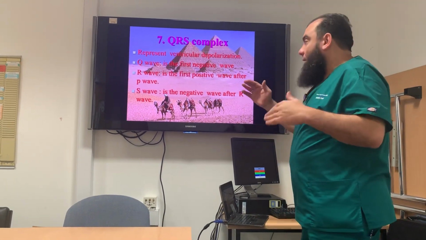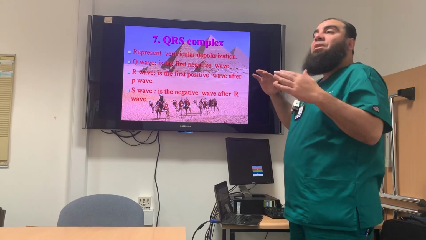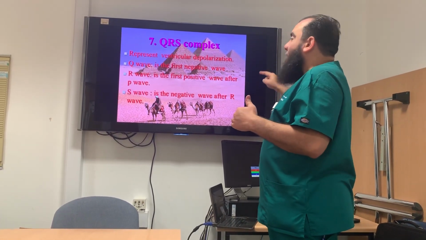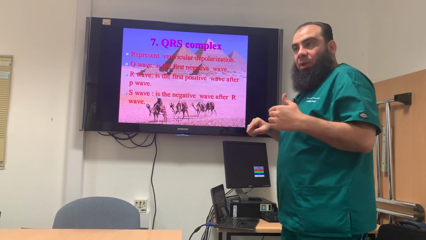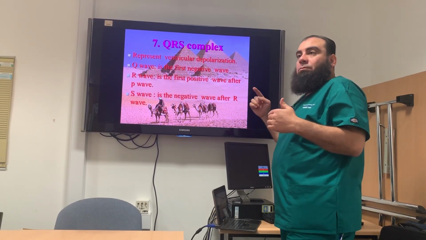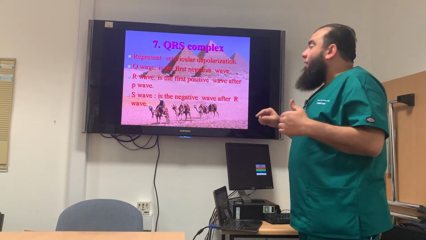I'm going to explain that in steps. The Q wave is the first negative wave, if present. The R wave is the first positive wave, which can be preceded by a Q or sometimes not. The S wave is the negative wave after the R wave.